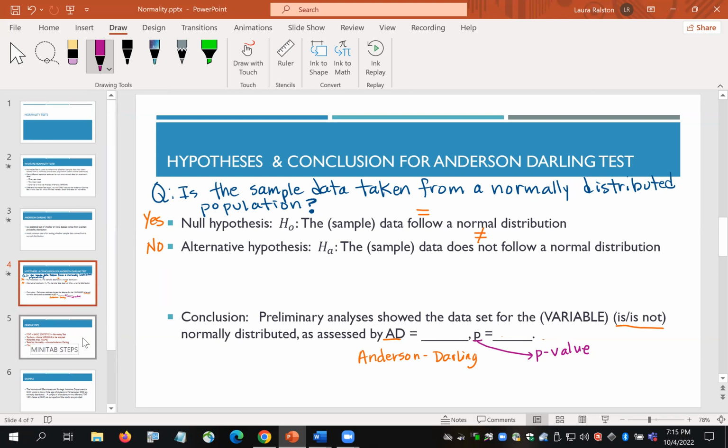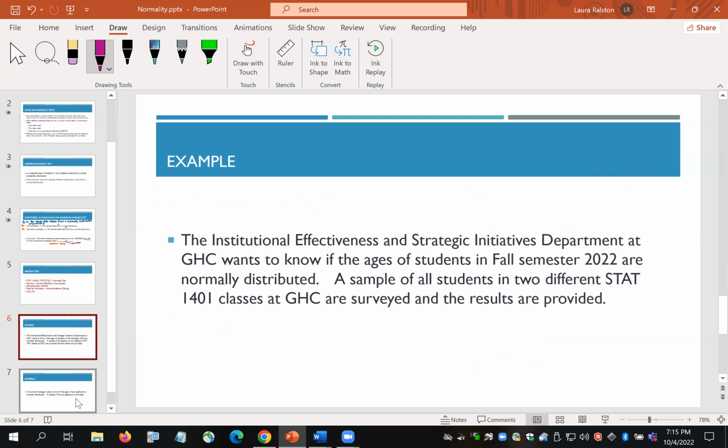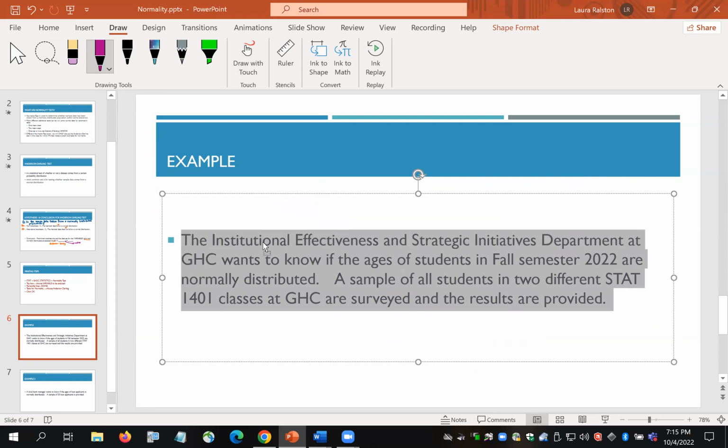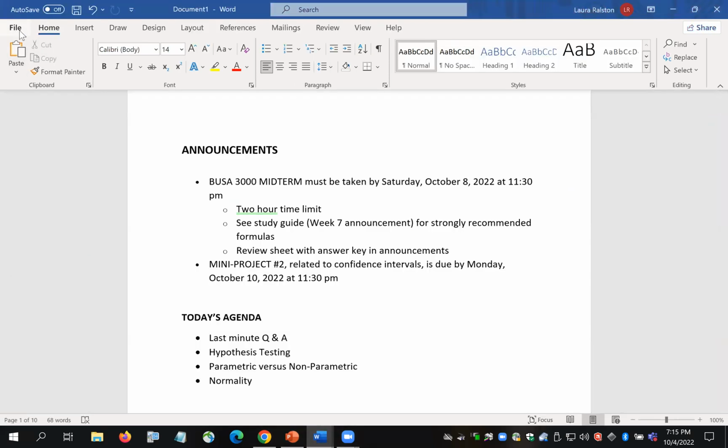I have on the next slide the Minitab steps. And then we have an example. And so I'm going to copy this example over to my scratch paper as soon as I can get to my scratch paper.